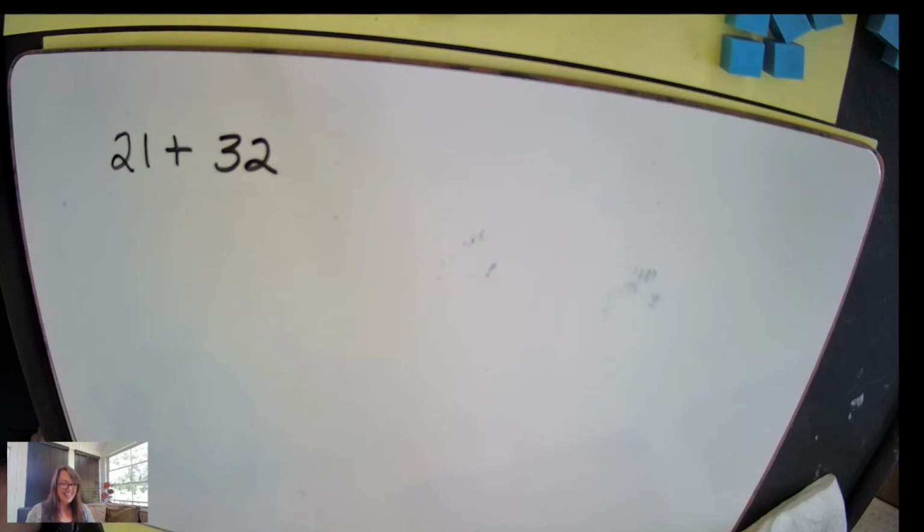Madison says that she thinks the answer to 21 plus 32 is 53. Do we agree or disagree with Madison's answer, 53? All right, very good.